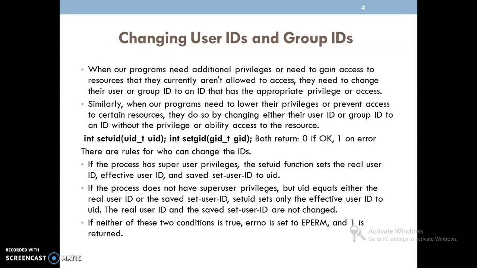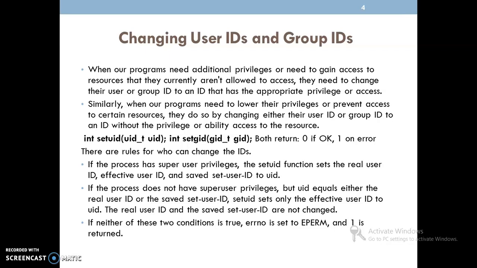What about changing the user IDs and group IDs here? When our programs need additional privileges or need to gain access to resources that they currently are not allowed to access, they need to change their user or group ID to an ID that has appropriate privilege or access.